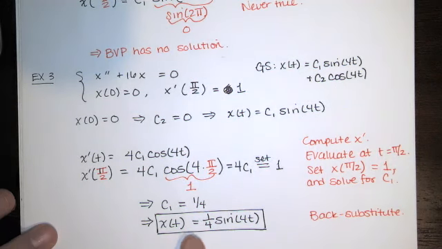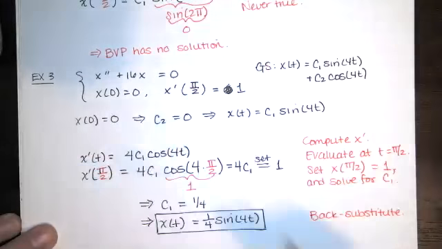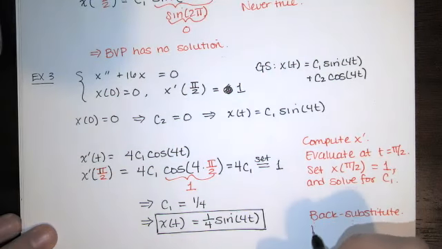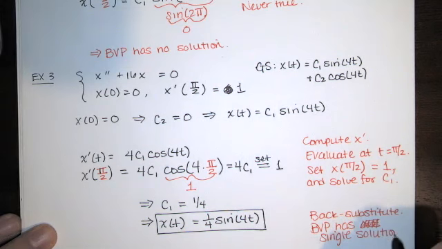So this is your answer, and that's one answer. So this boundary value problem has one solution. I was writing one solution and then thinking single solution, so sorry about that.